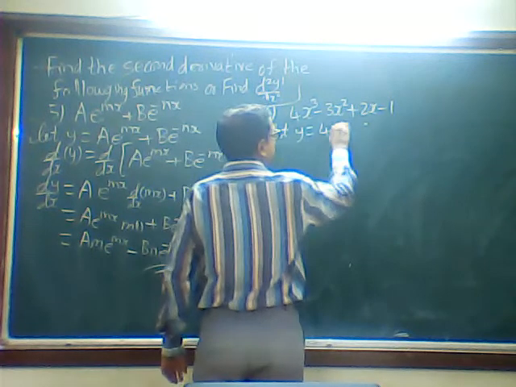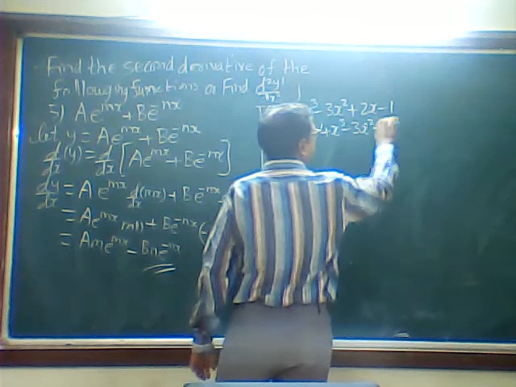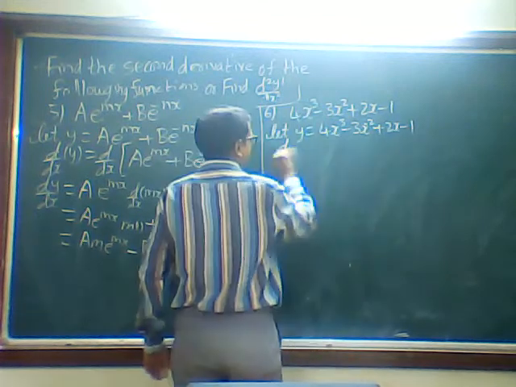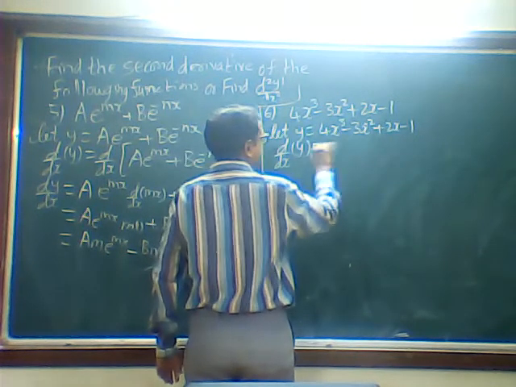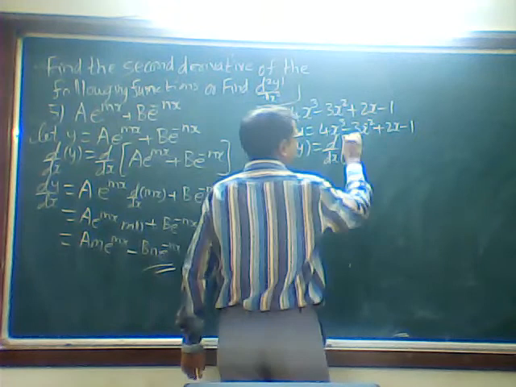Let y is equal to 4x cube minus 3x square plus 2x minus 1. So d by dx of y.